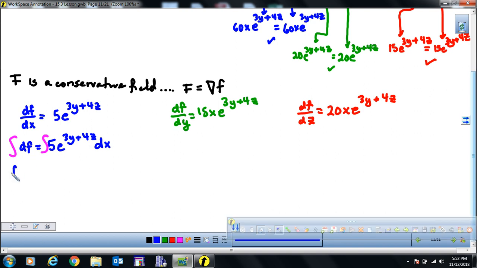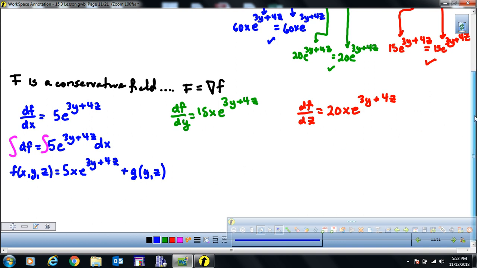And that will give us a potential function f in terms of x, y, and z equals 5x times e raised to the 3y plus 4z. And then plus, now we could have a constant, or since we're evaluating it with respect to x, we could end up with a function in terms of y and z instead of a constant.